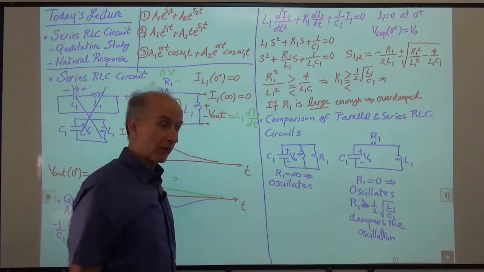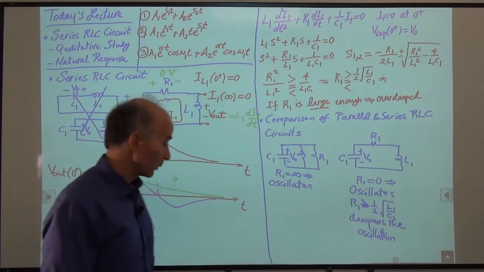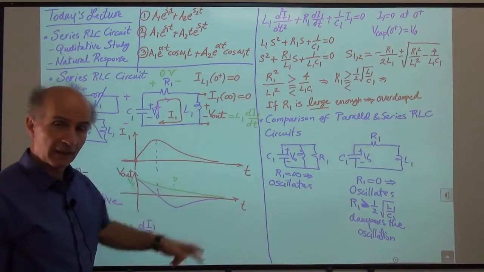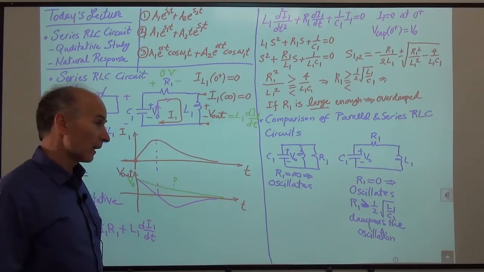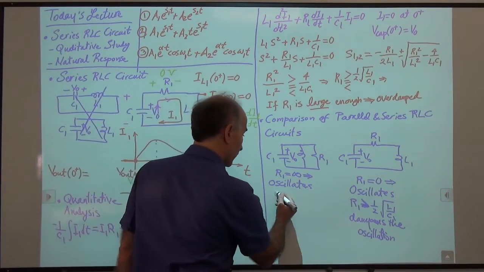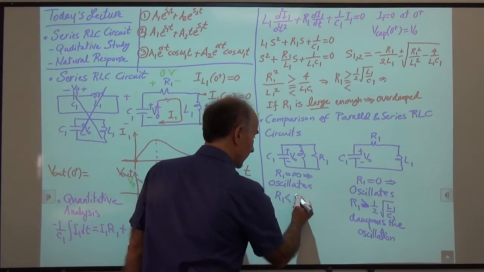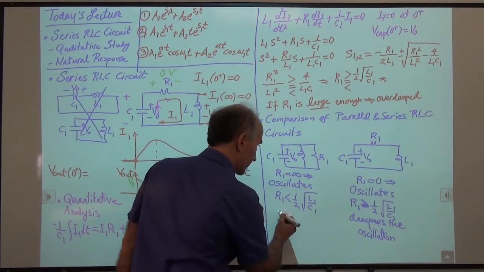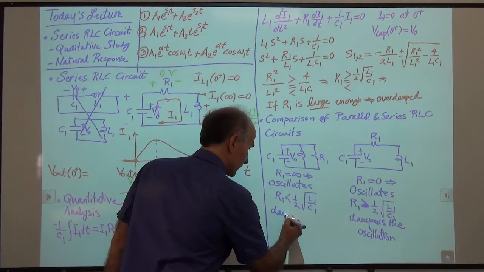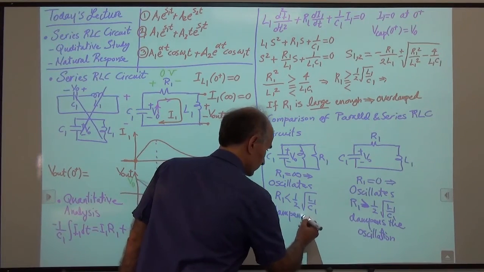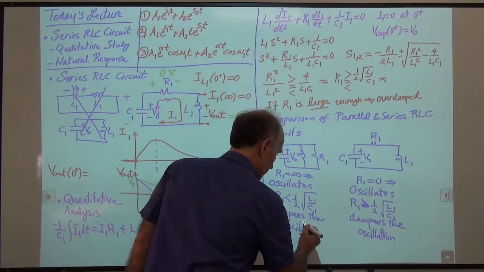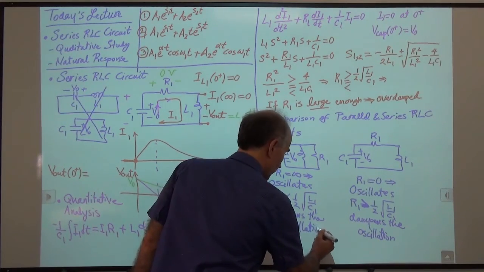Right? So if R1 is large enough, we have something like this. There's no ringing in the response. On the other hand, here we decided that if R1 is less than that value, then that dampens the oscillation. Okay?